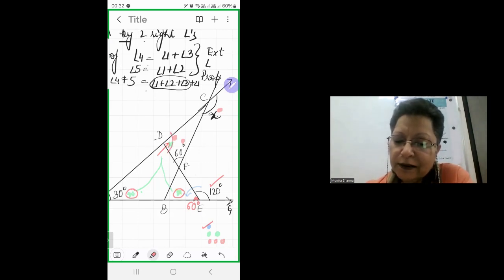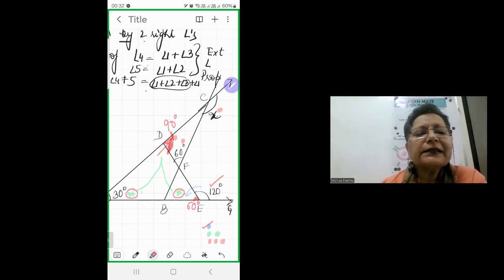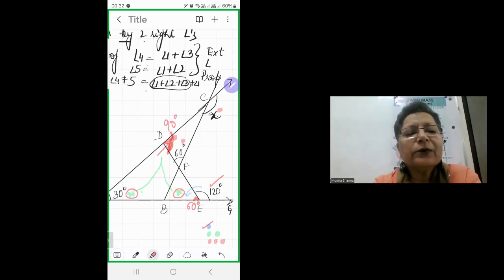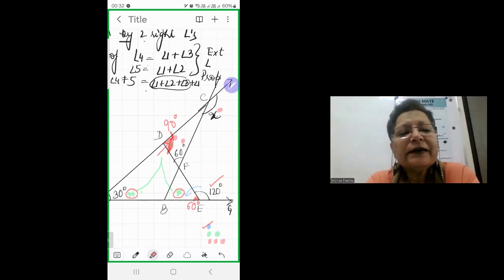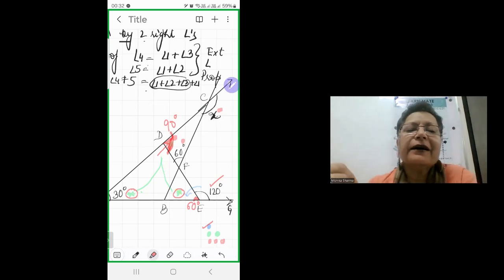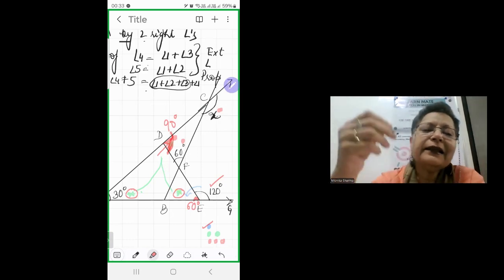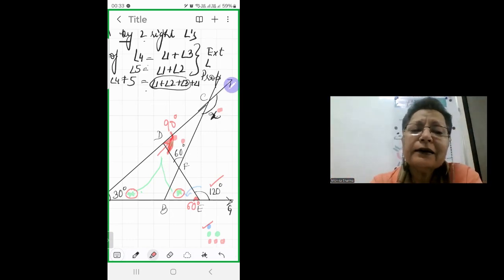So this angle here is going to become 90 degrees. Did you understand how? Again, I'll say 60 degrees and 30 degrees, the ones which have been circled in red, together are the interior opposite angles. And when they are added, you get the exterior angle on the other side. And that exterior angle is nothing but 90 degrees on adding them up.